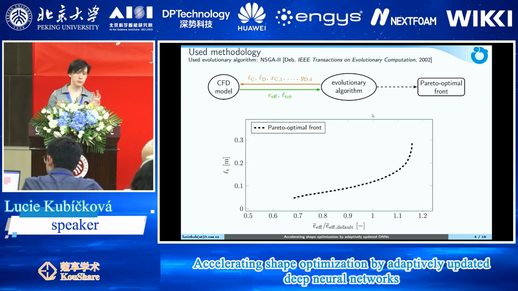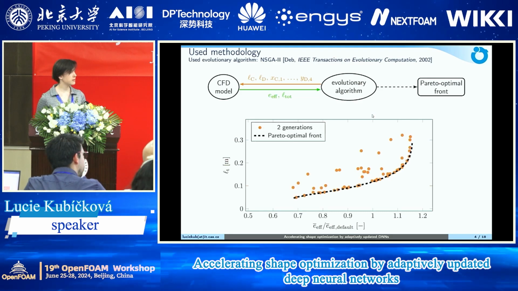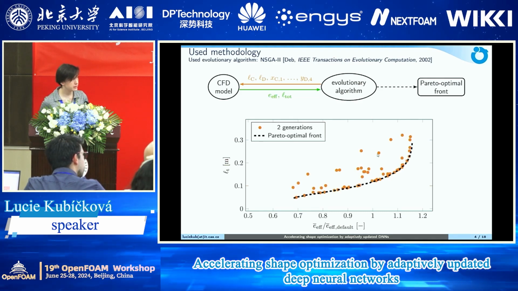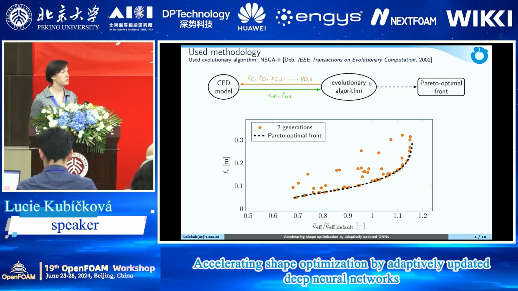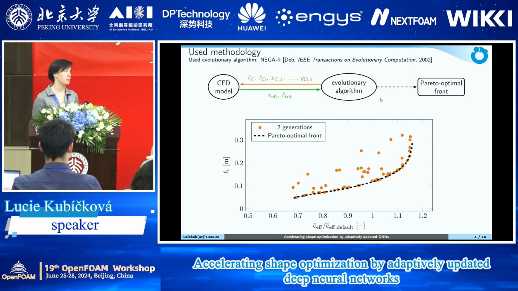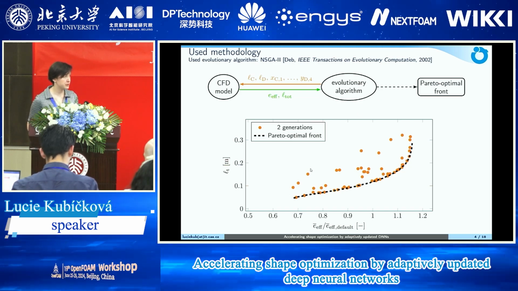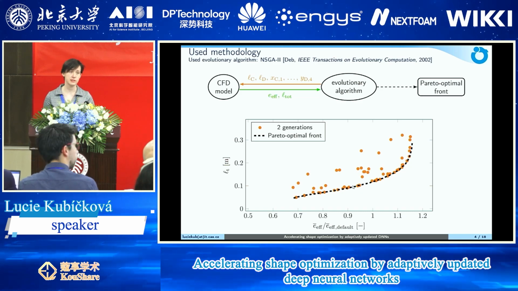I should briefly describe how the algorithm works. If you look at the bottom graph here, every single point is one geometry of the ejector, and the evolutionary algorithms work in generations. In the first one or two generations, all the points are just scattered across the objective space.